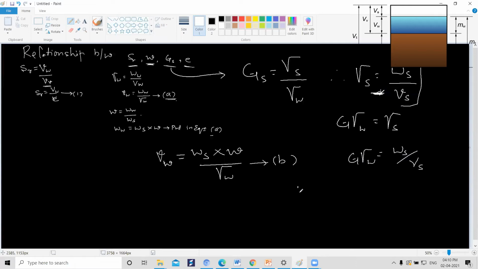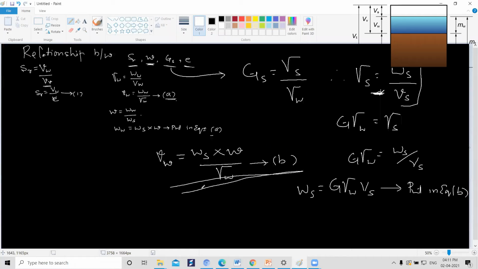Now I can write it as WS is equal to G rho W into VS. Put this in equation B. B कहाँ पे है तुम्हारा equation? This is your B equation, right? B equation. अब B equation में डालो इसको quickly.